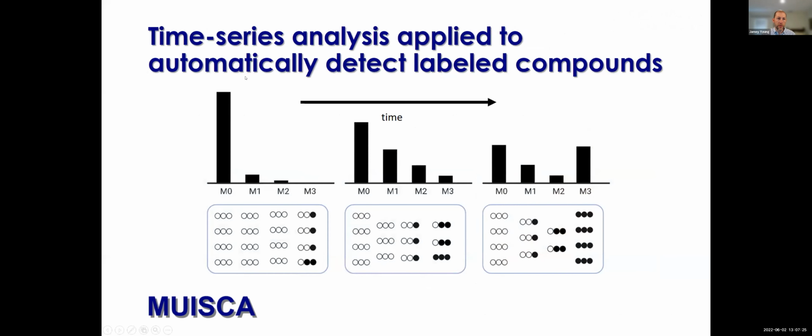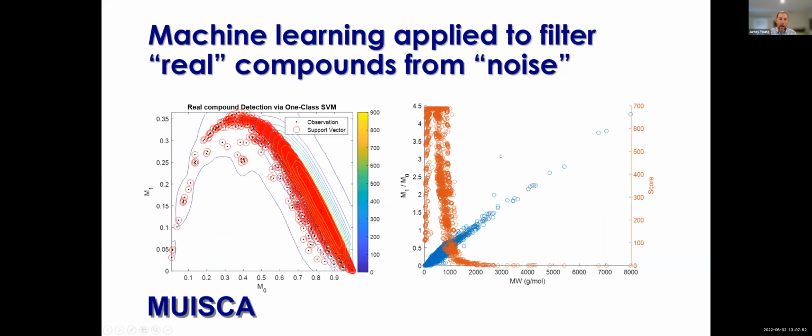The next step is that the software then examines how those isotopolog ratios are changing over time. And in particular, it's looking for compounds whose monoisotopic mass is decreasing over time, and the higher weight isotopologs are increasing in abundance over time as a signature of compounds that are being labeled by our tracer.